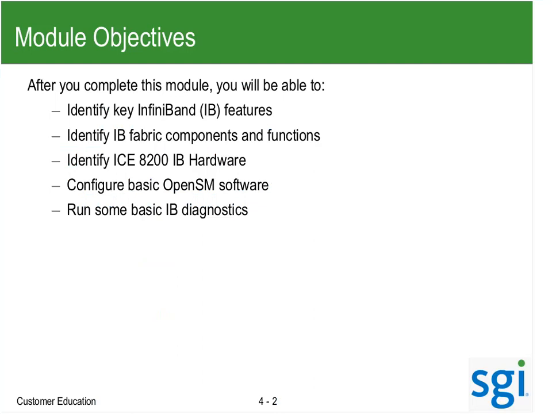So 4-2, identify key InfiniBand features, describe the fabric, identify some of the hardware issues, but basically there's going to be an OpenSM daemon that has to be running to configure the route tables for the InfiniBand switches. And also you'll be running some basic InfiniBand diagnostics in lab.